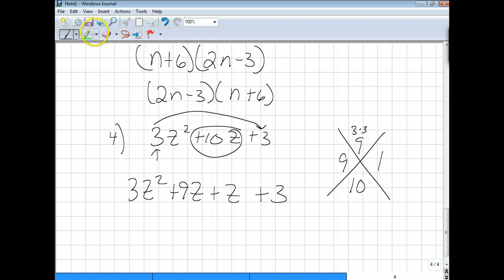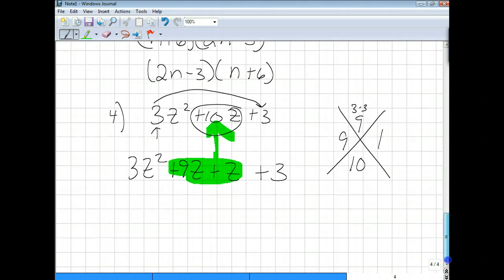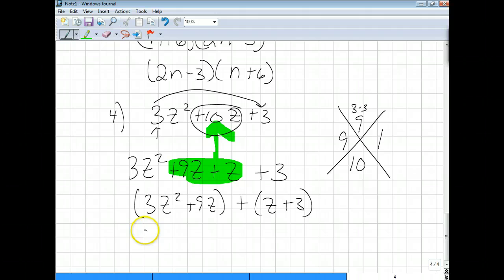Again, notice that if I add these two together, it adds up to that. But now the next step, think to yourself, what do I do next? The next thing is to group. Look at the first parenthesis. The common factor is 3z. So that leaves me a z plus 3.